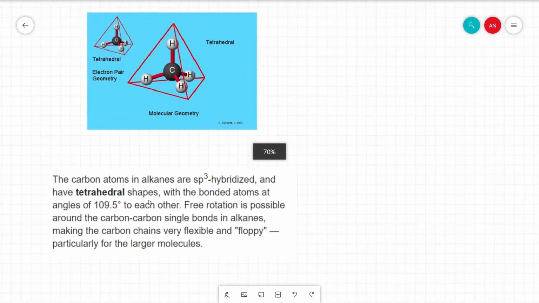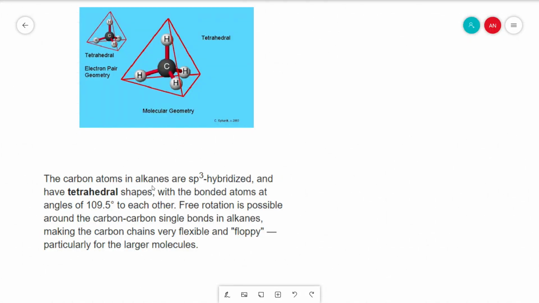The carbon atoms in alkanes are sp3 hybridized and have tetrahedral shapes, with the bonded atoms at angles of 109.5 degrees to each other. Free rotation is possible around the carbon-carbon single bonds in alkanes, making the carbon chains very flexible and floppy, particularly for the larger molecules.